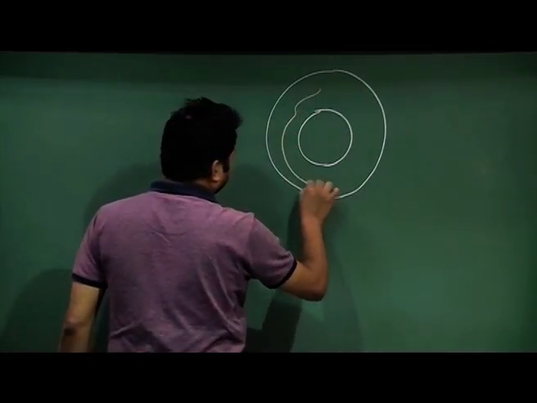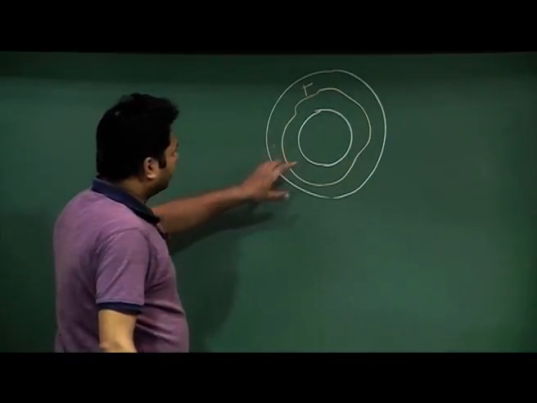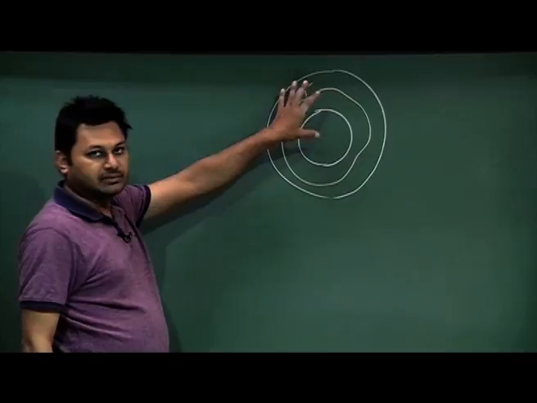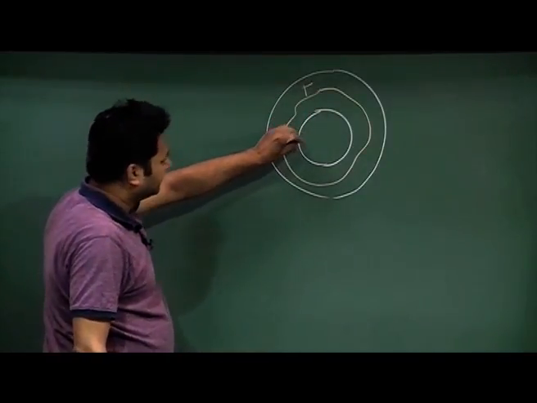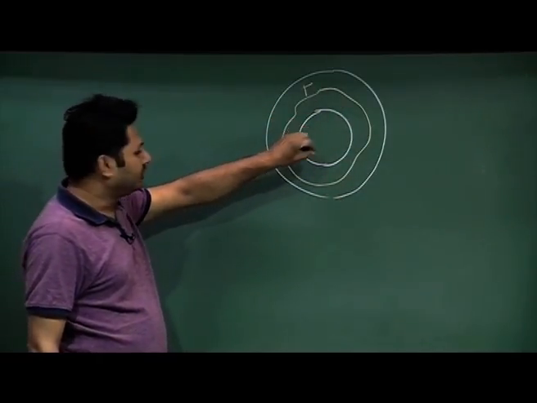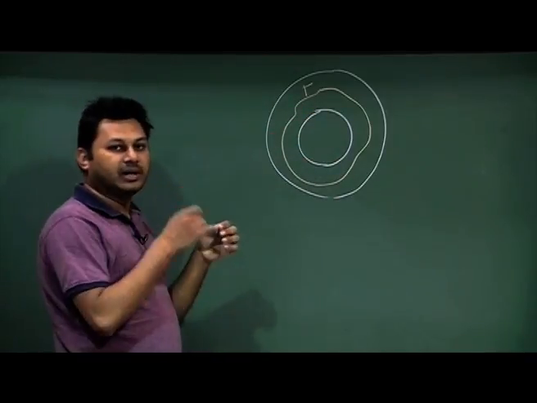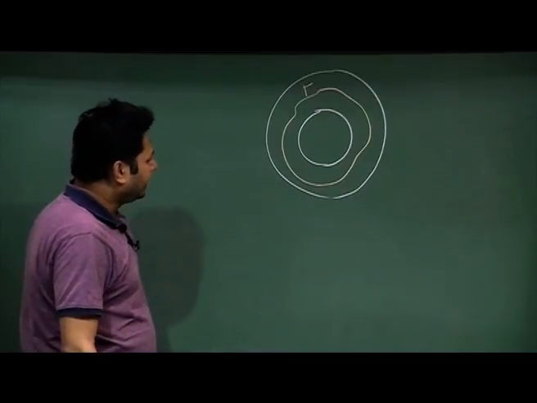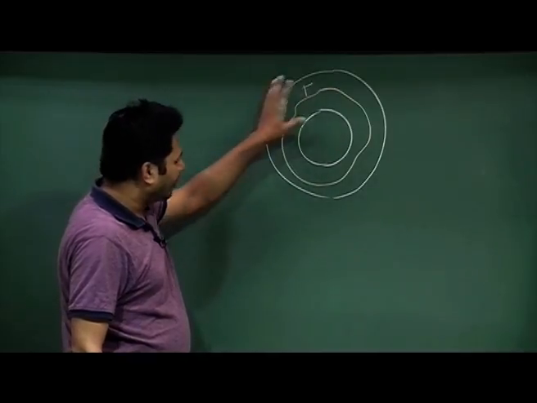Why? Because if I take any closed curve here, let me remind you once again, if I draw a closed curve, say gamma, over this annular region, then if I want to shrink this closed curve to make it a point, so that it goes to a particular point, I can't do that without going outside the region.